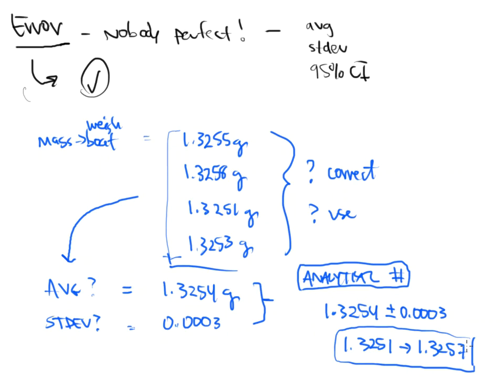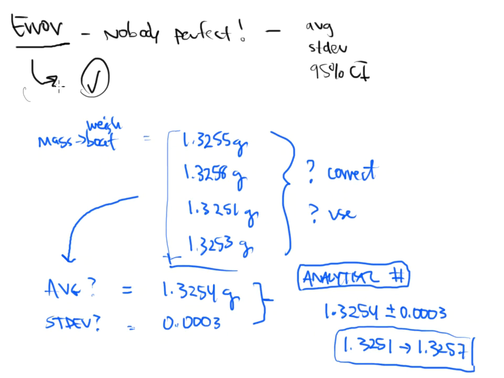Confidence intervals are really taking into consideration the entire population of data. This average and standard deviation is just based on the actual number of measurements that I'm doing in the lab. So I'm going to say the true mass of the weighboat probably lies within this range, 1.3251 to 1.3257.